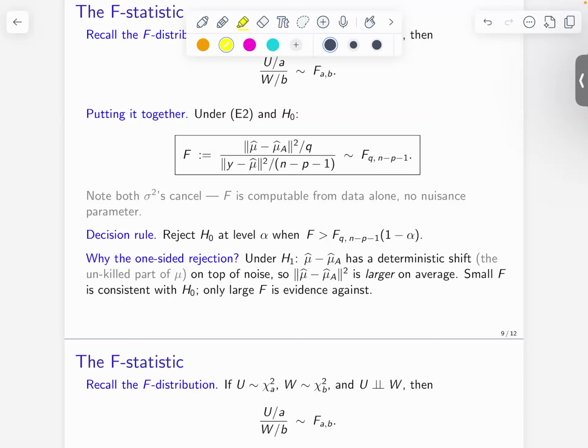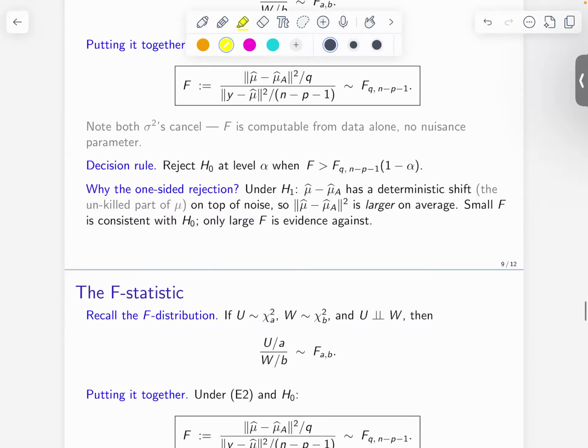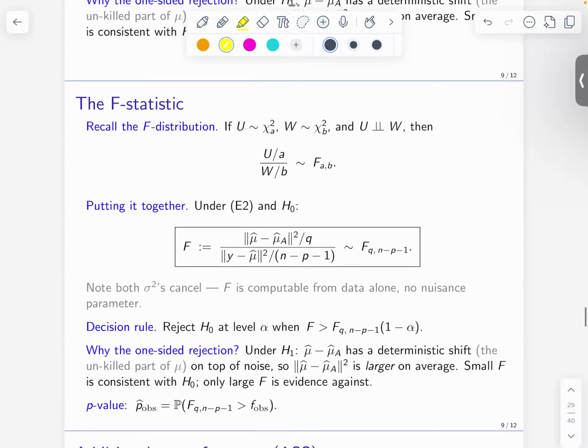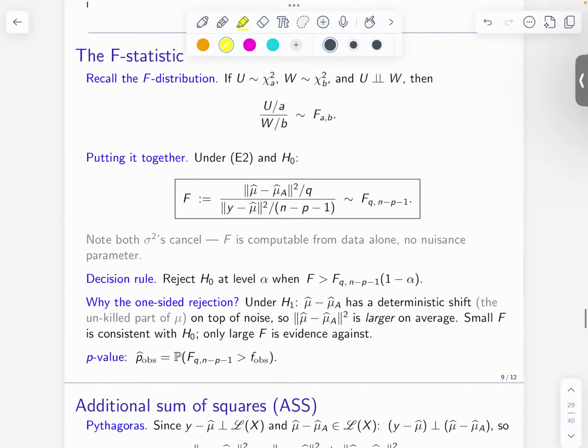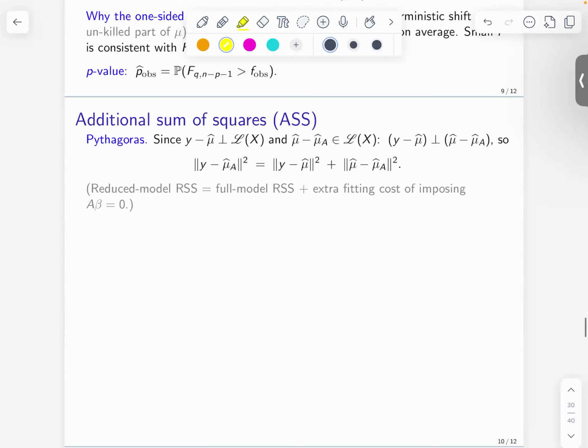I'll let you guys think about it. Maybe it might be obvious, but it's a good point. Yeah, we do a one-sided test here. And the p-value would be basically that.